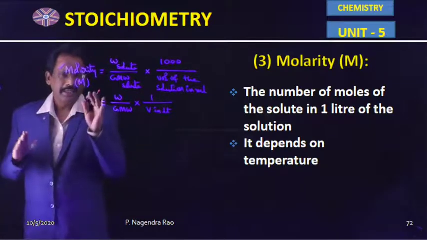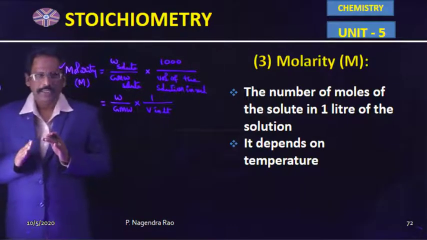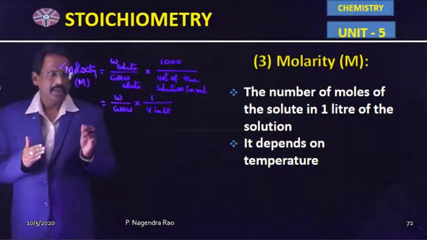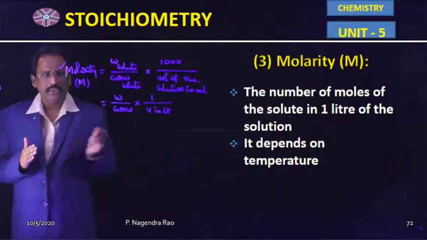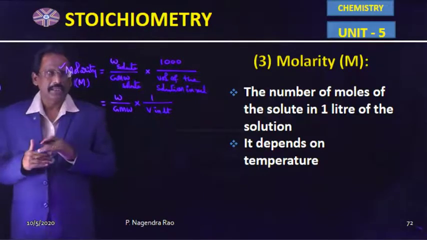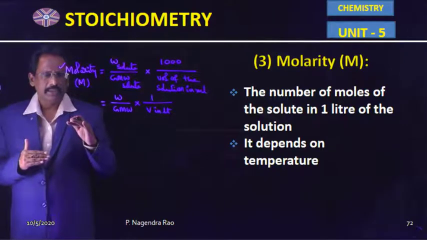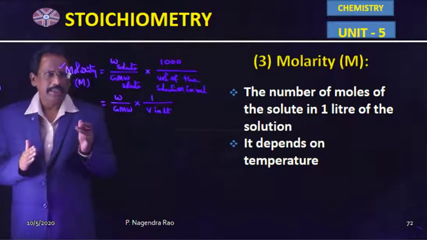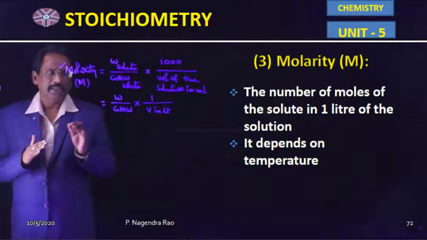But here molarity of the solution depends upon the temperature. When temperature increases, volume of the solution also increases, so molarity of the solution decreases. The mole fraction does not depend upon the temperature, but molarity does.